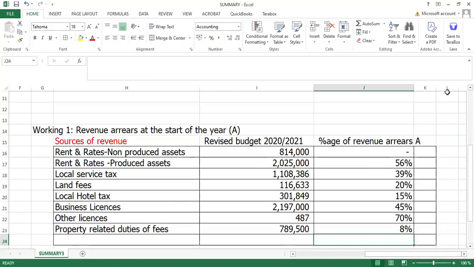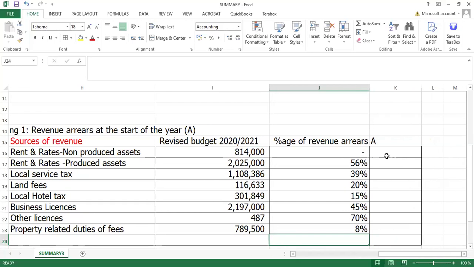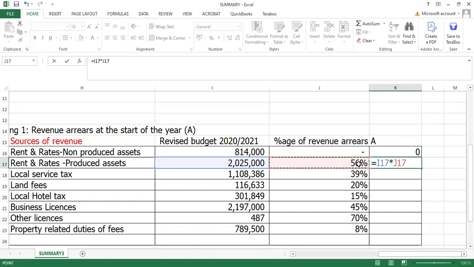So how can I get A? For me to get A, it is simple. I simply multiply. So here it will be 0 because you're getting this figure multiplying by 0. So you get 0. You don't have any outstanding revenue. What about here? You get this figure times the 56%.